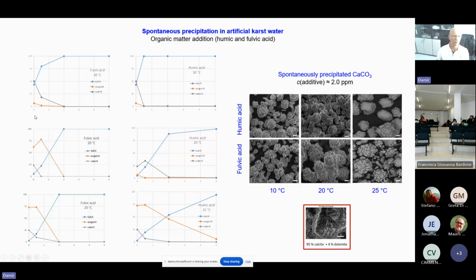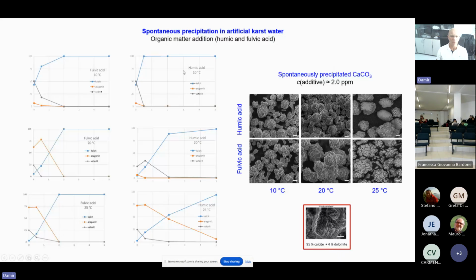On this graph is shown the content of certain polymorphs as a function of concentration of fulvic acid addition expressed in ppm. So it could be seen that after the addition of fulvic acid at 2 ppm concentration, calcite is the dominant polymorph in all systems, even at 10, 20, and 25 degrees.